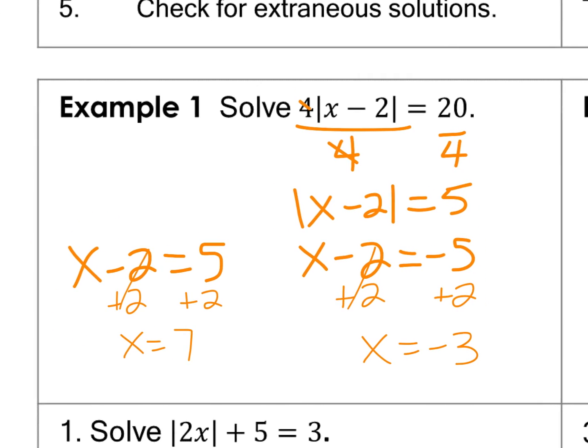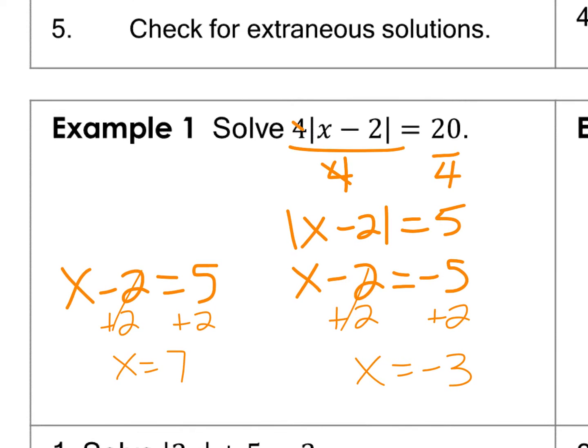Okay, let's check to see that these are actually correct. So what we do is we take our value as x, or our x is 7, excuse me, so we're going to plug it in right here and see if it works. So I'm just going to do this kind of mentally. So 7 minus 2, well that's 5. The absolute value of 5 is still 5, because it's already positive. So then 4 times 5 would be 20.